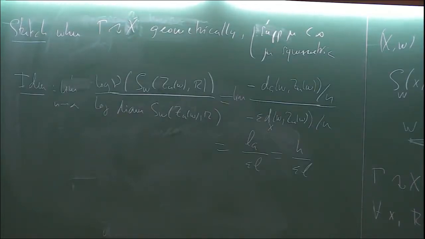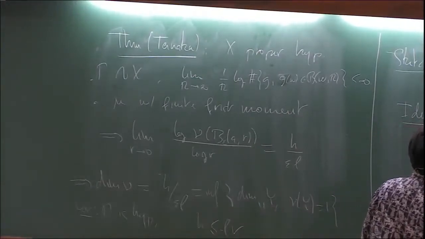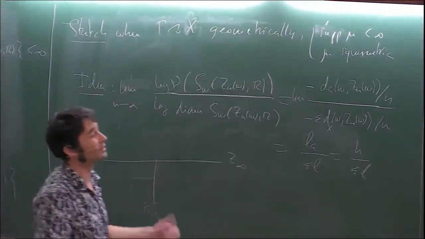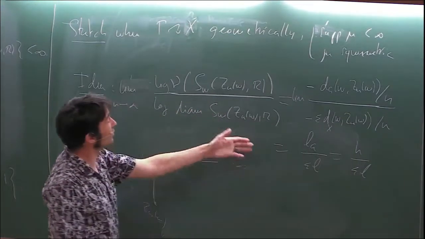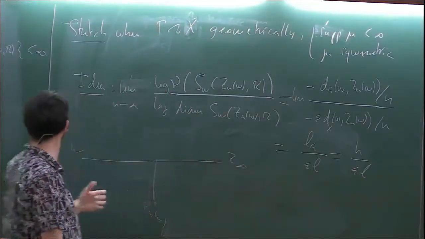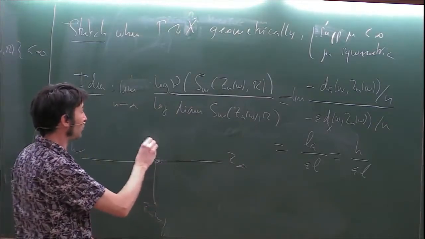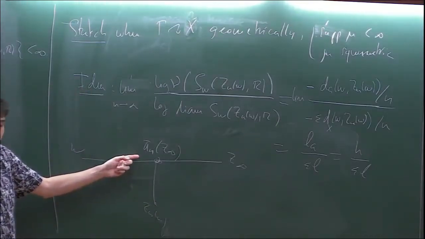But this is not true, because here I need to compute the ratio at the same point. So what I'm doing when I'm looking at shadows, I have my point z infinity here, w, but my z_n w is somewhere there. At best, it will be log n close to my geodesic. So I'm not looking at a pointwise limit. And so to go from this limit to the limit I'm looking for, which is that one, I need to control what's going on at this point, which we called pi_n of z infinity in the theorem of Kaimanovich.